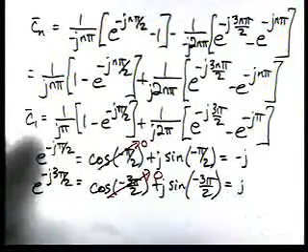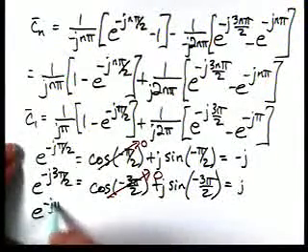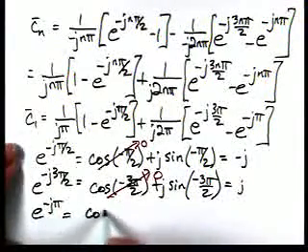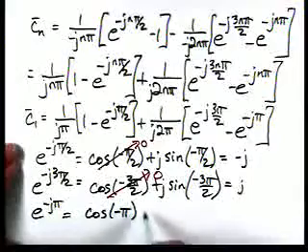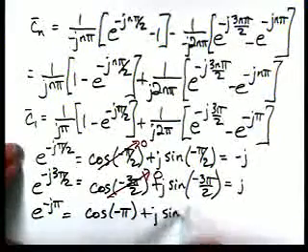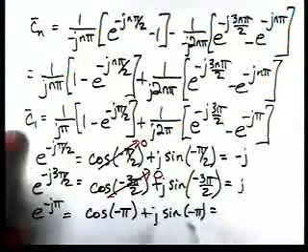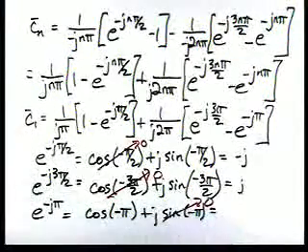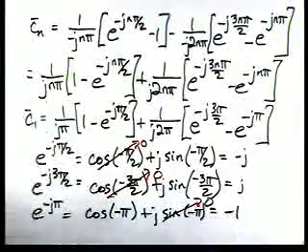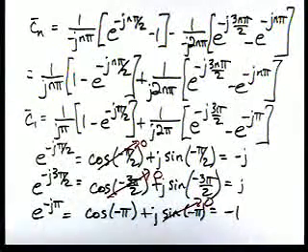And then let's look at e to the minus j pi. That's cosine of minus pi plus j sine of minus pi. And that's 0. So this turns out to be minus 1. Remember, cosine of minus pi is minus 1.